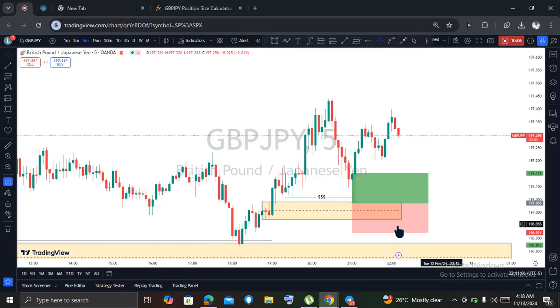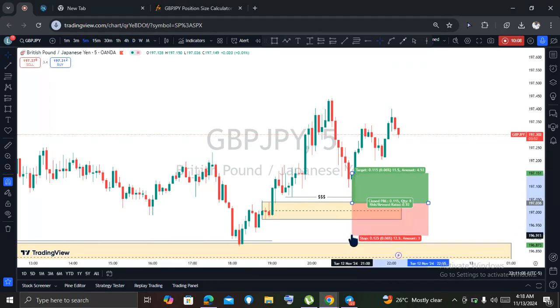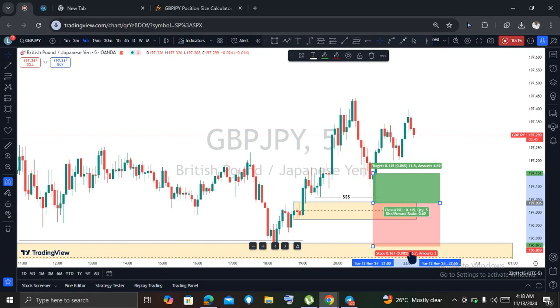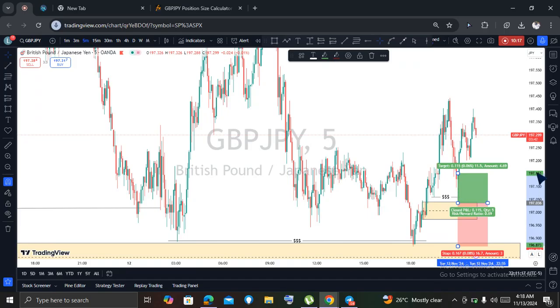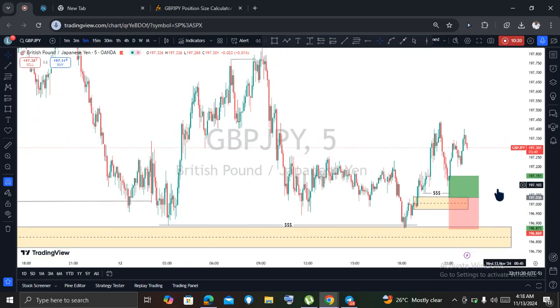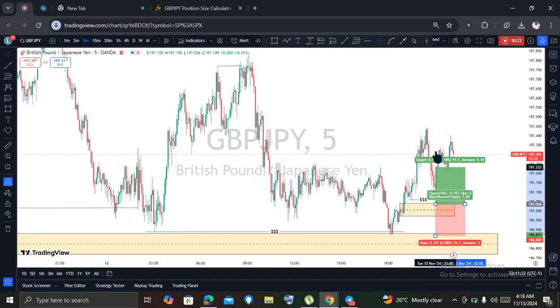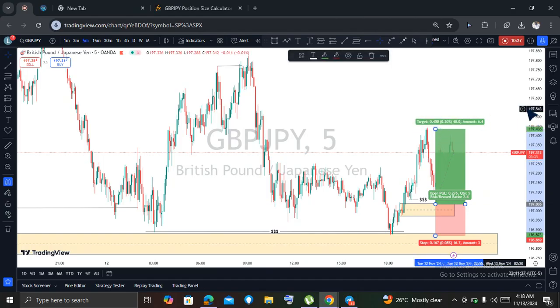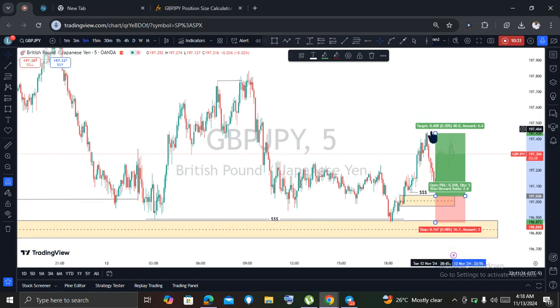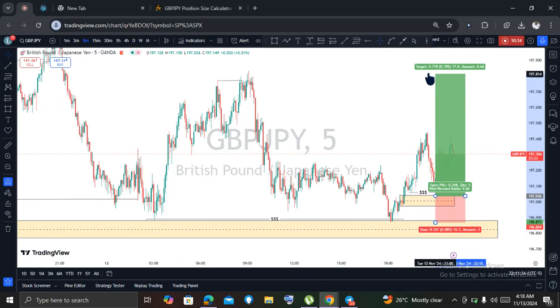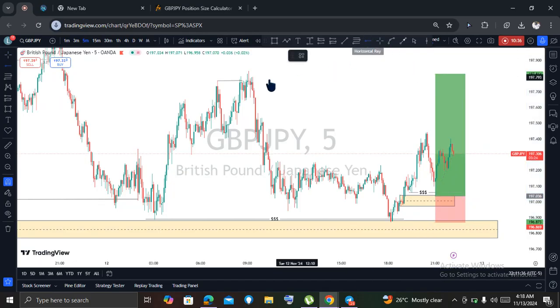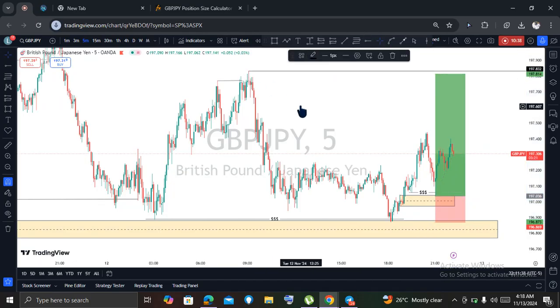Now, where are you going to be placing your stop loss? You are either placing your stop loss below this low to be safer, right? I would rather place my stop loss below this low. And where are you targeting? This place might be your first target, maybe for 2%, and your second target might be this other buy side liquidity around this area, right?